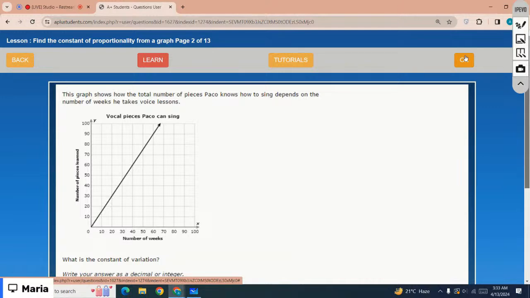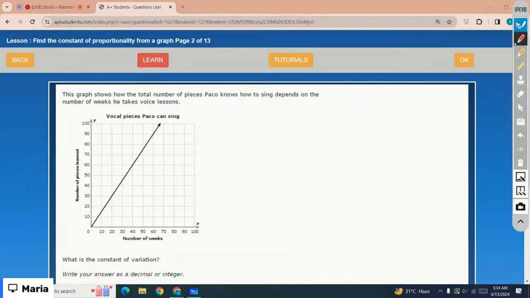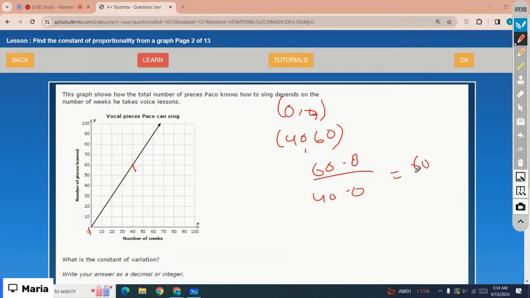The graph shows how the total number of pieces Pecco knows how to sing depends on the number of weeks he takes lessons. You have to calculate the slope. The first one is 0, 0, right? Because this point is on the origin. And this is 40 and 60, right? So which is the correct option? You have to do change in y divided by change in x. 60 minus 0 divided by 40 minus 0, that is 60 over 40.